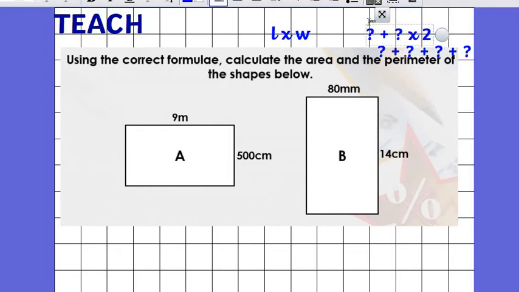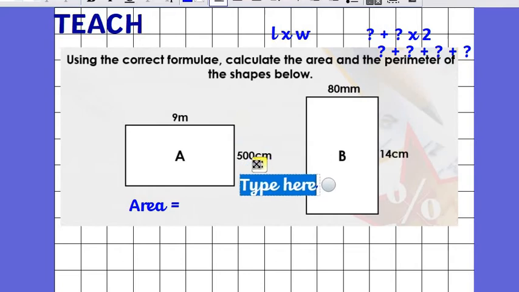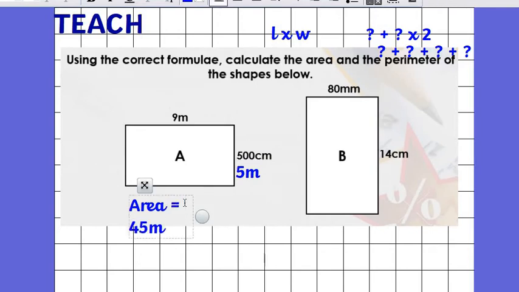Okay, so let's have a look here. So the area of A equals, well, different measurements here, different units of measure. So here I'm just going to convert this to meters, so 5 meters. So I've got the same unit of measure, so 9 times 5 I know is 45, so 45 meters is the area.